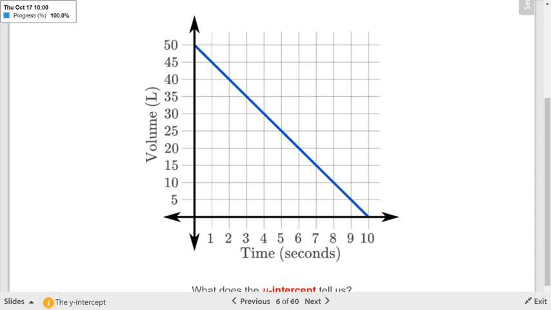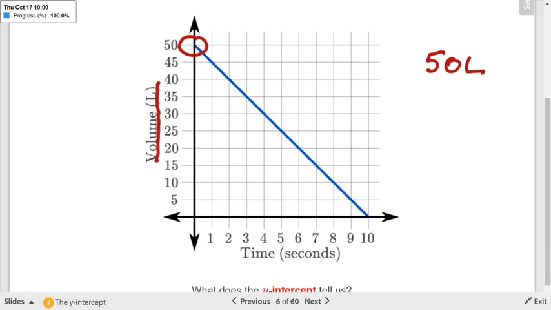If you look at this graph, where does this line touch the y-axis? 50. At 50. Since it's 50 liters, that means when we started, before we pulled the plug, we had 50 liters of water in the tub. The y-intercept is where this graph starts.